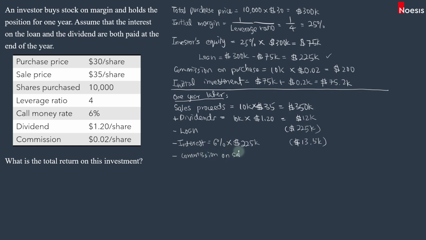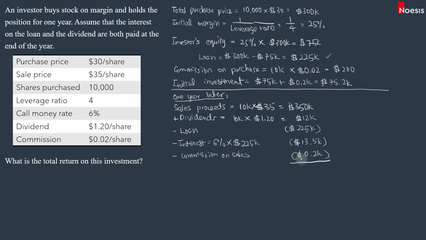And then we'll minus the commission on sales. The commission on sales is also 2 cents multiplied by 10,000, so that will be another 200 that we minus off. Since you're selling, this is what you receive, so for commission you have to minus. But when we did it initially, these two are investments, these are outflows, so that's why we have to plus. Lastly, we will just net off the amount here.